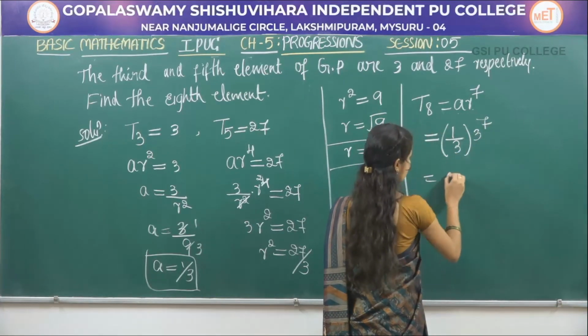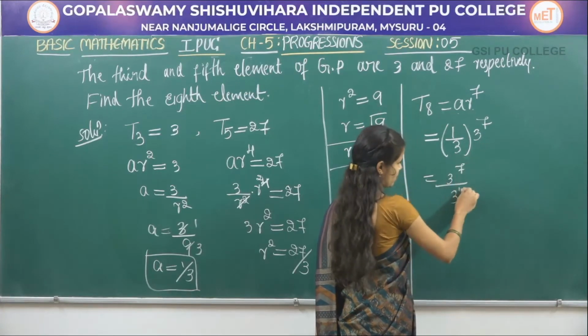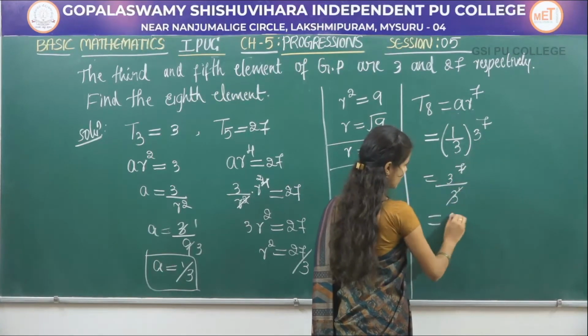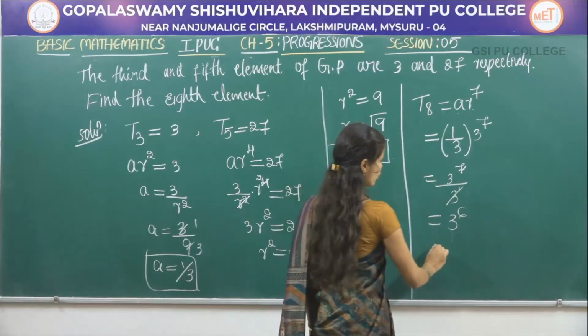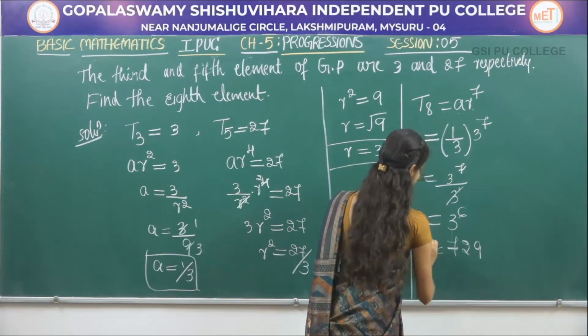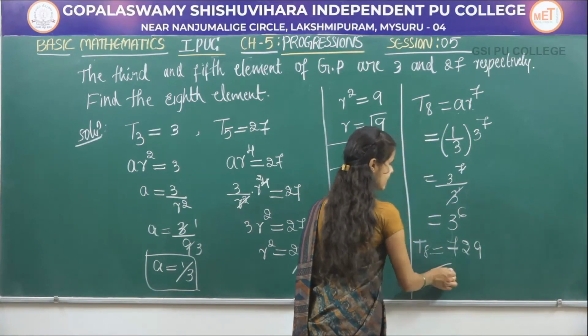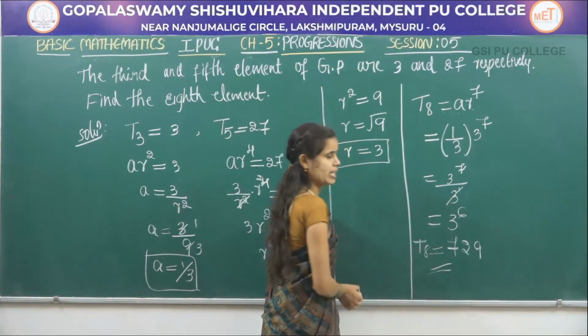So 3 to the power of 7 divided by 3 to the power of 1. Here 1 term gets cancelled, remaining 6 terms. So 3 to the power of 6, which is 729. Therefore the 8th term of the given GP is 729.